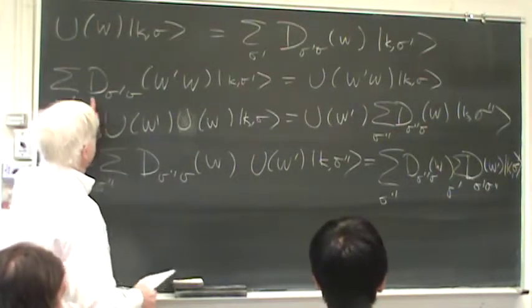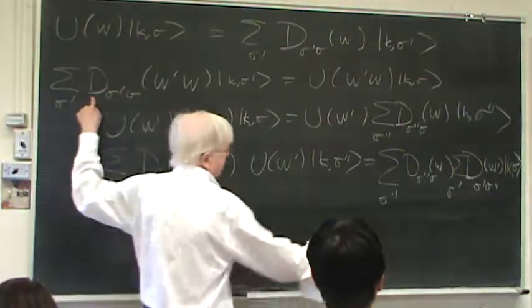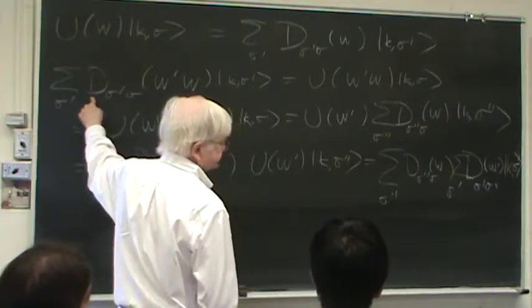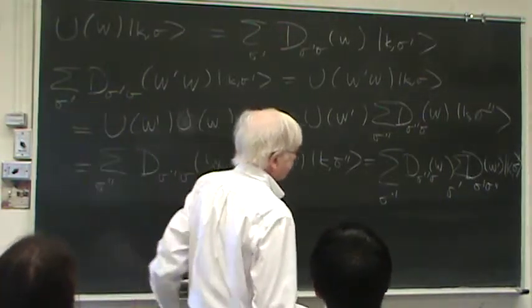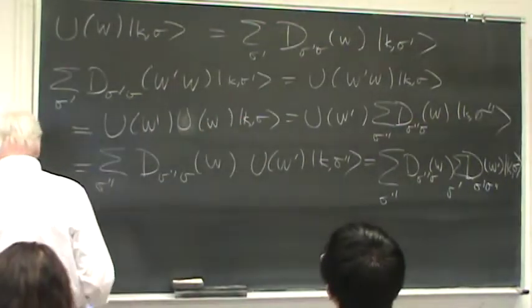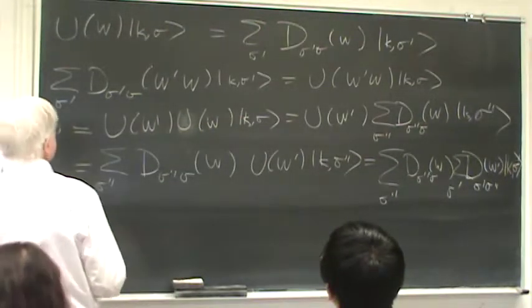So now if we compare this line with that line, what we see is that these D's form a group.